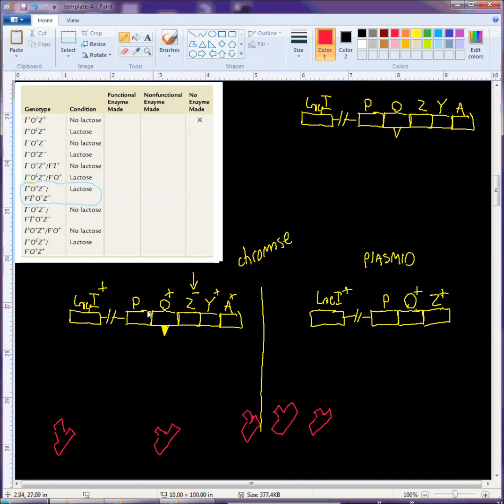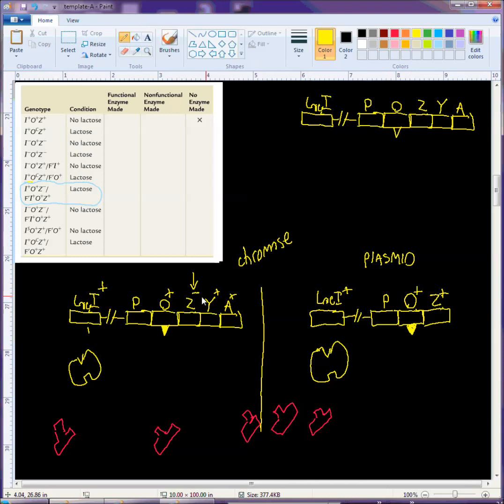Okay, so both copies of the LAC-I repressor are going to make normal LAC-I repressor. Okay, they're both transcribed, whether lactose is there or not, and they make normal LAC-I repressor with the operator binding site and the lactose binding site.